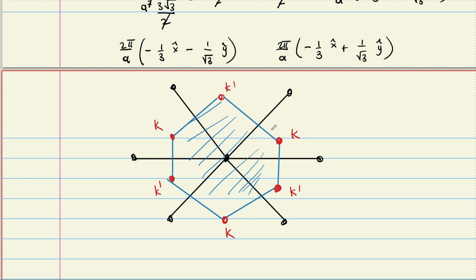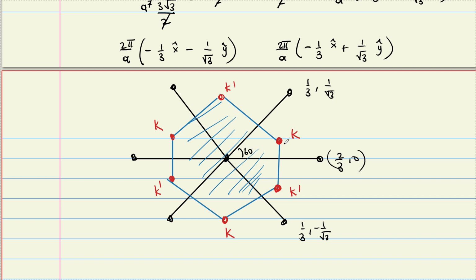You can use a little bit of geometry. You know this vector, for example, in units of 2 pi over a, is 1/3, 1 over root 3. This is minus 1/3, minus 1 over root 3, and the sum of these is 2 over 3, 0, and so this angle is 60 degrees.